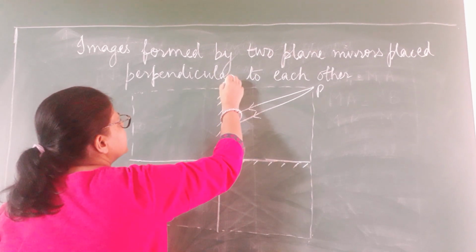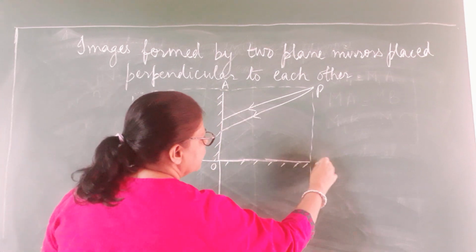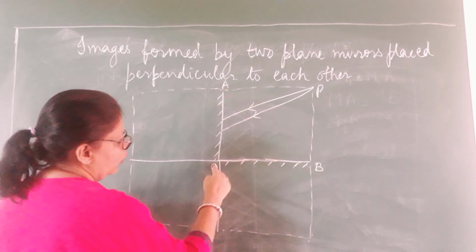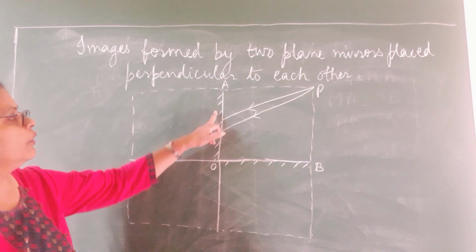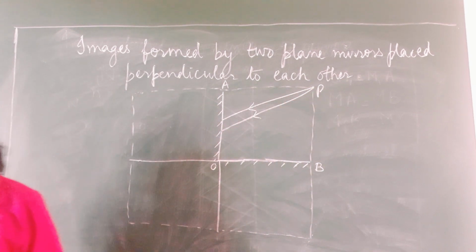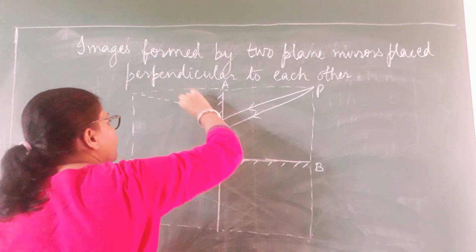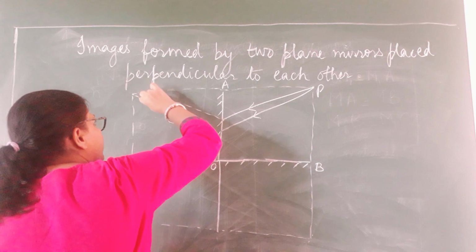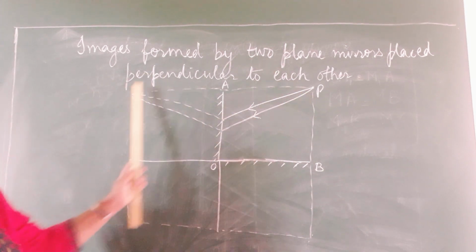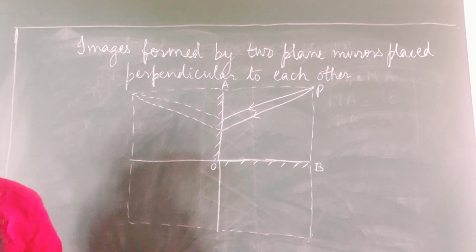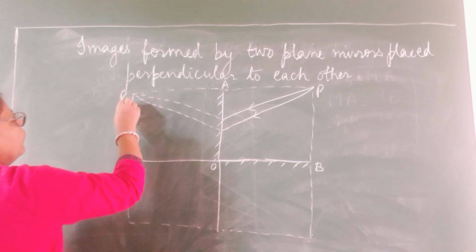Say it is A, this is O and this is B. So my first mirror is AO and these 2 rays are falling on this particular mirror. Okay. Now when they are falling on this mirror, what happens? This is how I draw the 2 dotted lines. This is the image. You can see if this is the object, here is the image, and suppose the image is P2. Okay.